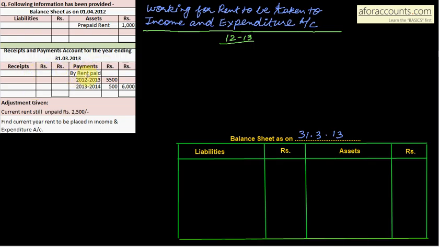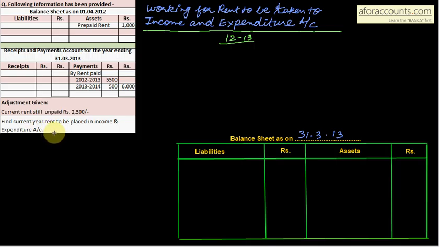Payments: rent paid, now 2 years' rent, 12/13 and 13/14 is given, total 6000. Adjustment given: current rent still unpaid, this is the outstanding rent of the current year, 2500. Find the current year rent to be placed in the income and expenditure account.